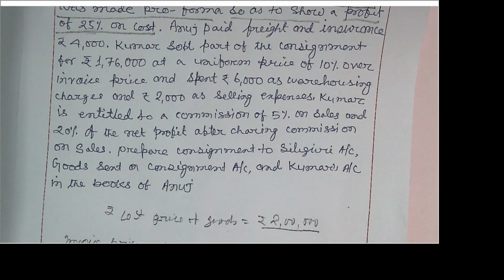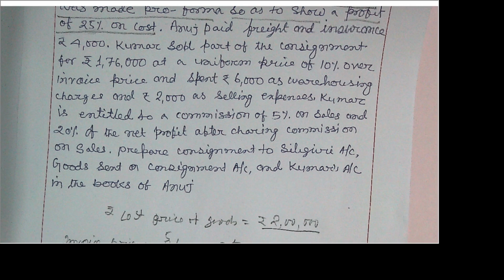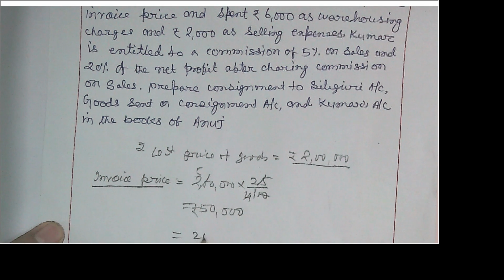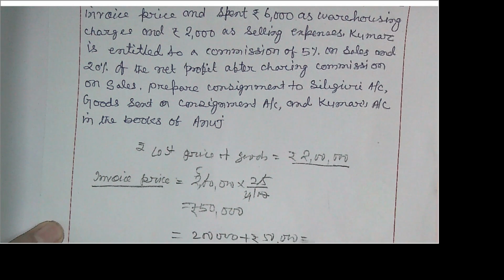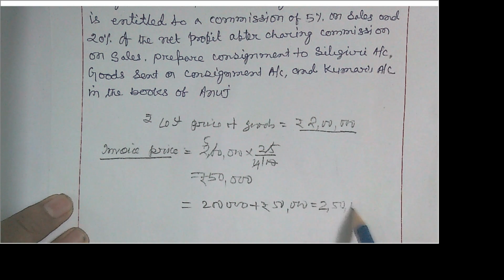So 2 lakh is the cost price of the goods, and you add 25% on cost. 25% of 2 lakh is 50,000. So then the invoice price of the goods becomes 2 lakh cost price plus 50,000 extra price added, and it becomes 2,50,000.